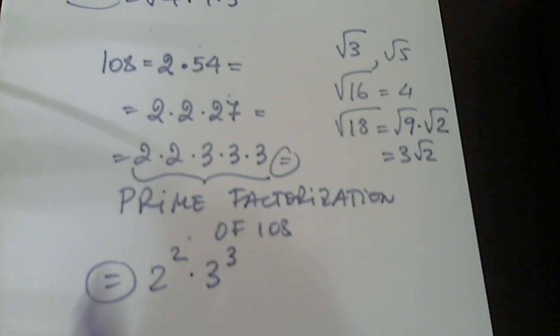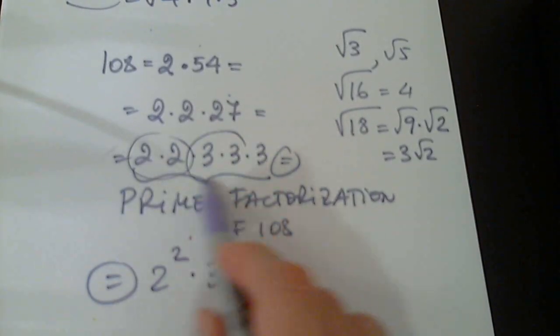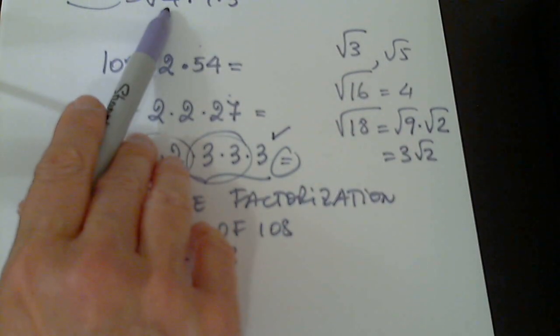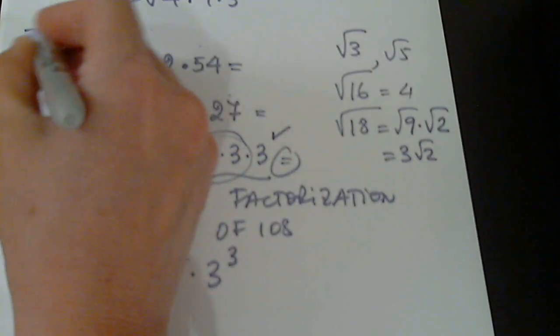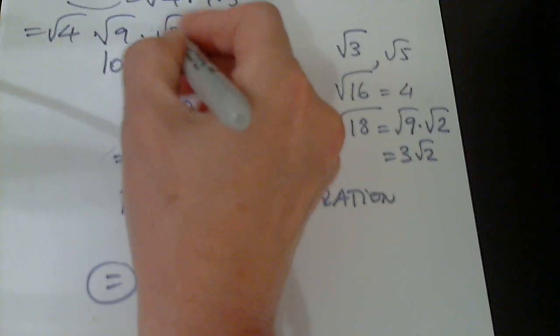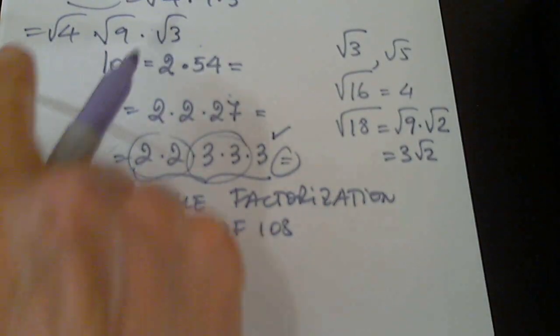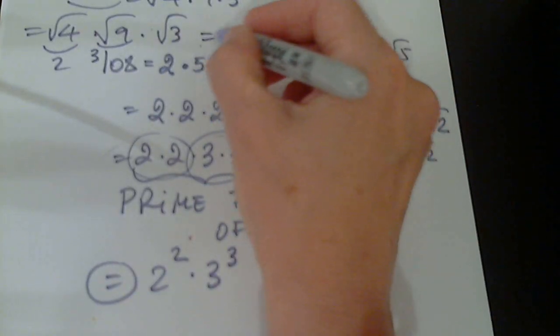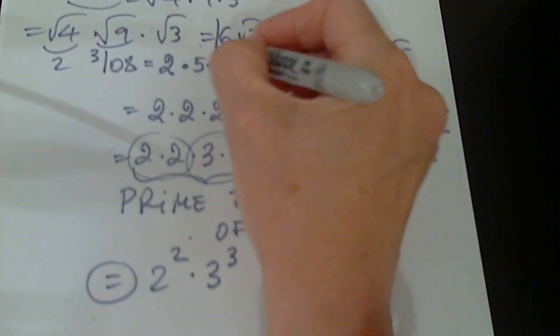Why did I choose that? This is a perfect square, this is a perfect square, and this one isn't. So the square root of 4 times the square root of 9 times the square root of 3. This is 2. This is 3. So I have 6 times the square root of 3.